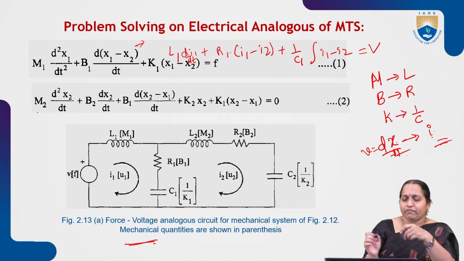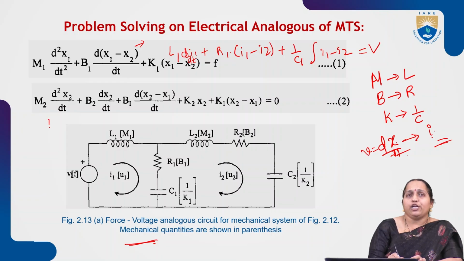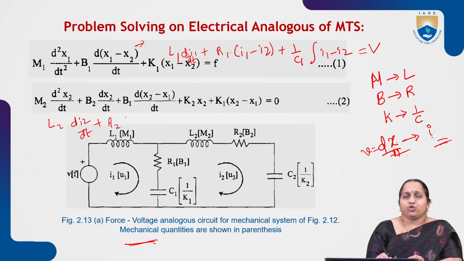Similarly, the second equation we can write as L2 into di2 by dt plus B2, which is nothing but R2. So R2 into dx2 by dt is I2.